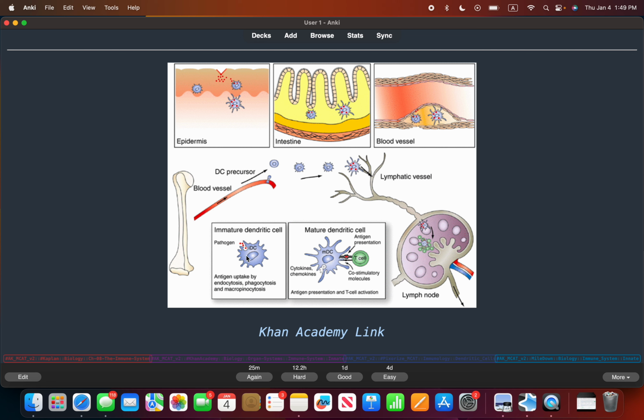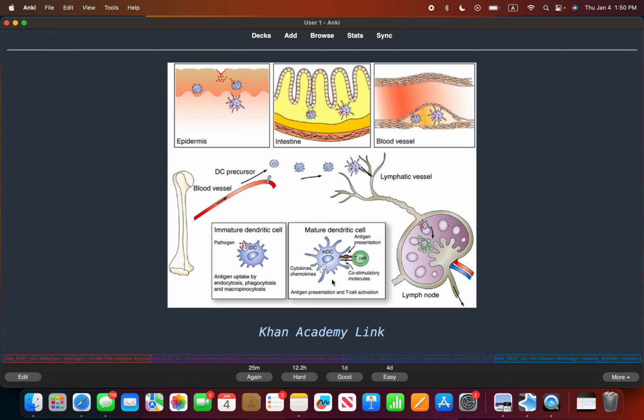When there's a pathogen, antigen is taken up by endocytosis, phagocytosis, and macropinocytosis. And then the mature dendritic cell has an antigen presentation to the T cell, with cytokines and chemokines and co-stimulatory molecules in antigen presentation and T cell activation.